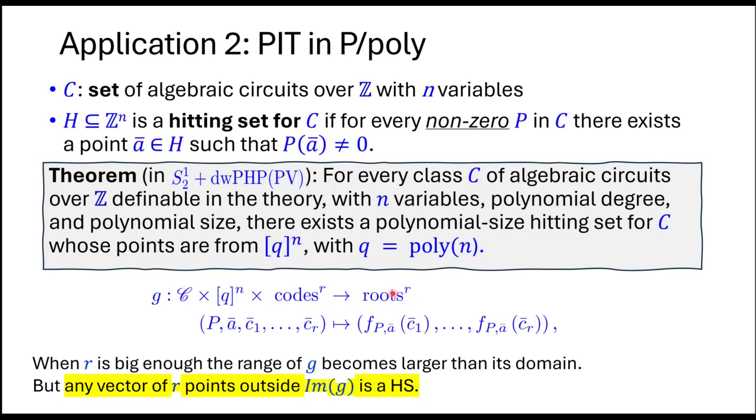That's the point of our version of Schwartz-Zippel. So when you amplify this by taking enough copies R, you compensate for this, and basically the range becomes bigger than the whole domain. So if the range is bigger than the domain, what do we know? Well, of course, by the dual weak pigeonhole principle, we know that there's a point outside the image of G.